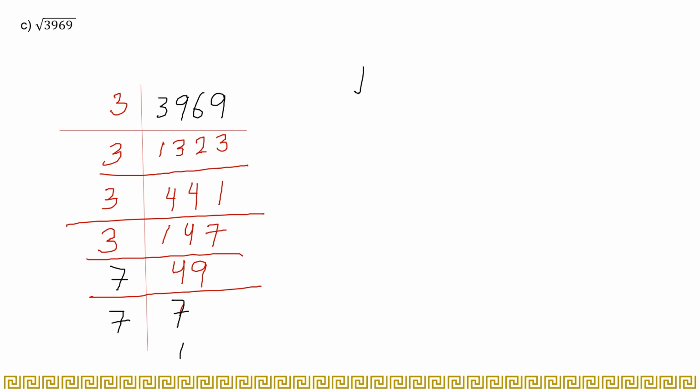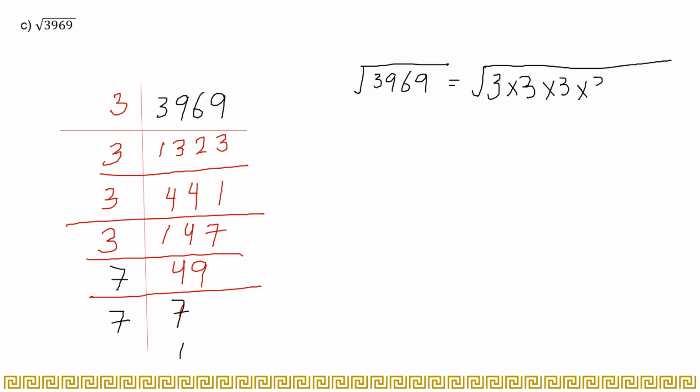Now writing it again in the same way, 3969 is equal to, placing the root at the top of the numbers, 3 multiplied by 3 multiplied by 3 multiplied by 3 multiplied by 7 multiplied by 7.